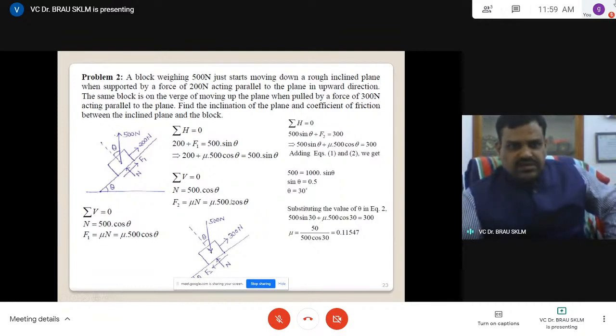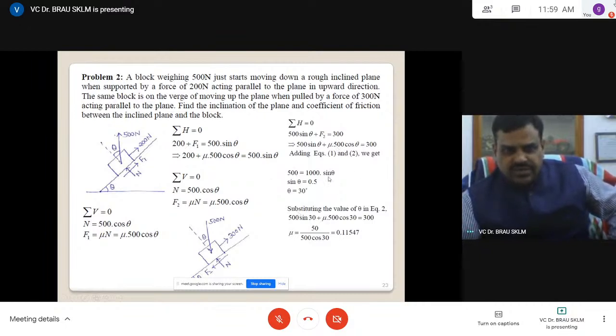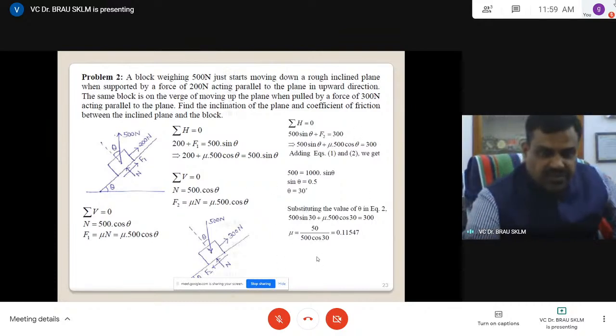Now if you solve this equation and this equation, we will get the values of theta and mu. We got two unknowns, theta and mu, that can be determined from these two equations. So this is how generally we will try to analyze the system.